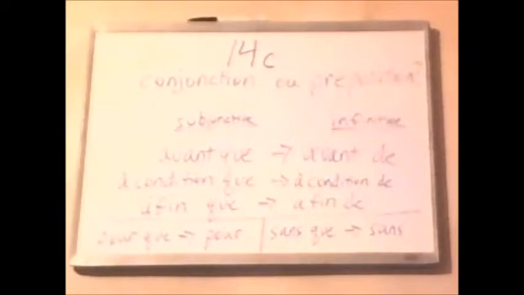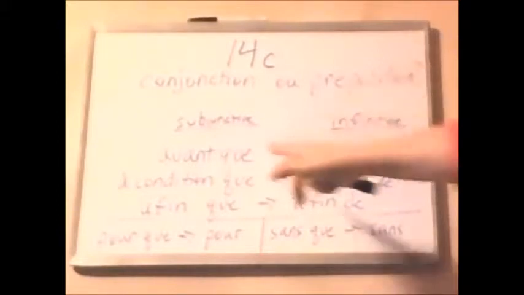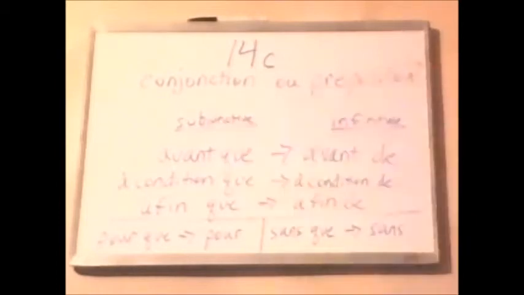And that's what the third example is there underneath that circle with the line through it. Nous prierons avant de partir. We will pray before leaving. So we've gotten rid of the que, we've gotten rid of the subjunctive. We're simply going to use a preposition and the infinitive.